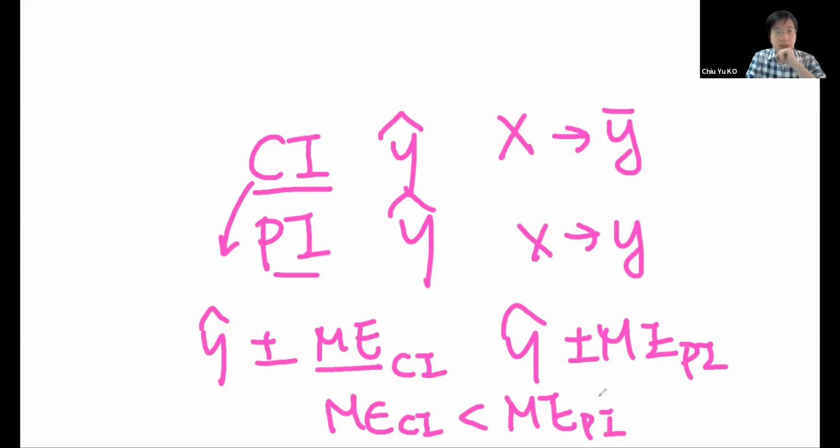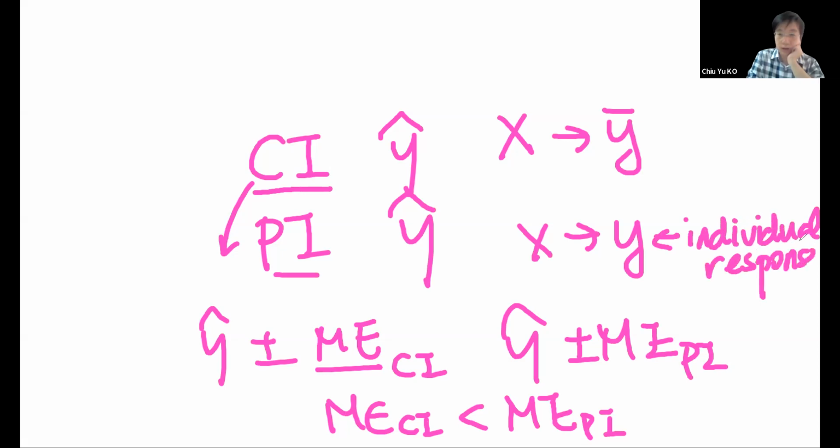They're doing the same thing, but what you're predicting is a little different: whether you are predicting the average response or the individual response. In the textbook, they will say this is the individual response, and this is the average response.